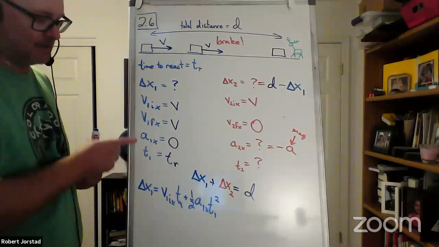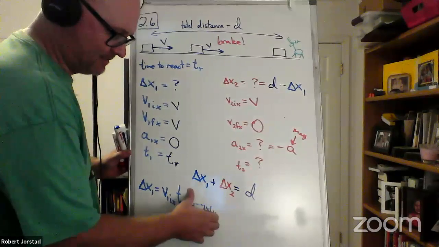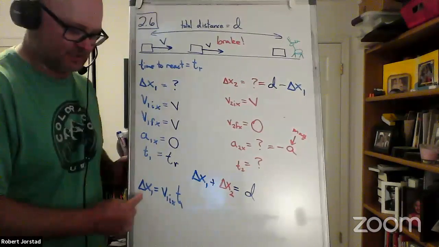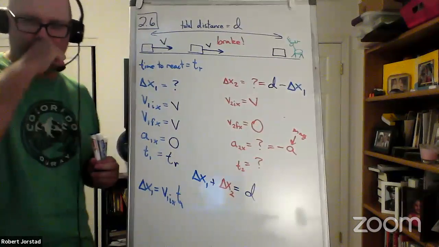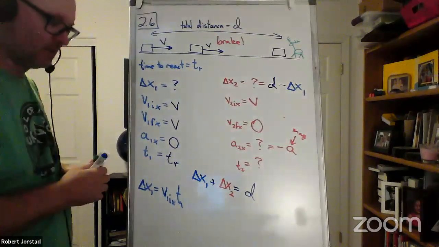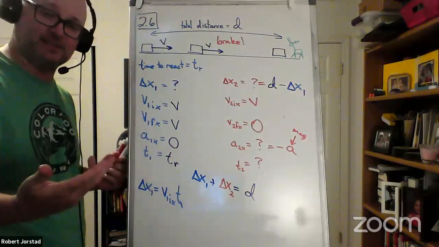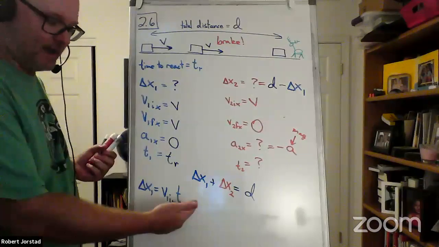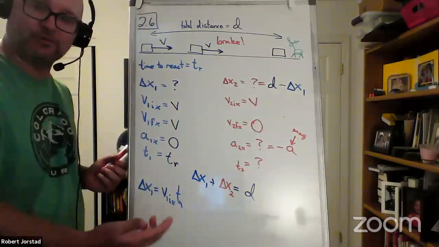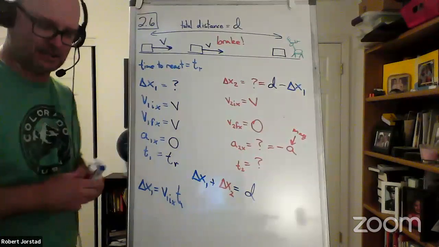If I plug in that ax equals 0, this rapidly becomes very easy. Look at this. This is just distance equals rate times time. In this case, you may have remembered me telling you that the delta x equation is distance equals rate times time on steroids. Well, here, all that extra term was, okay, what if the rate is not constant? That's the next correction to distance equals rate times time.